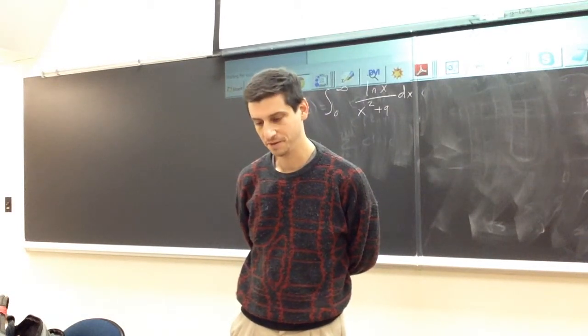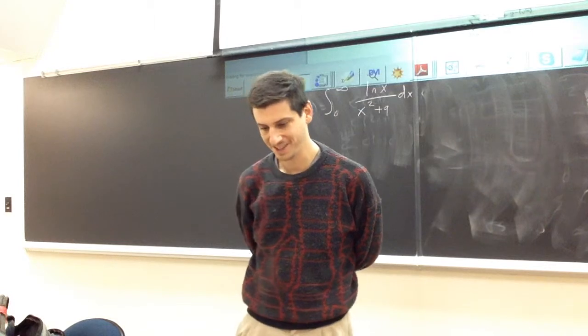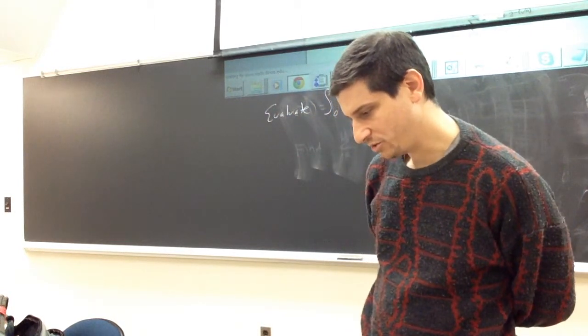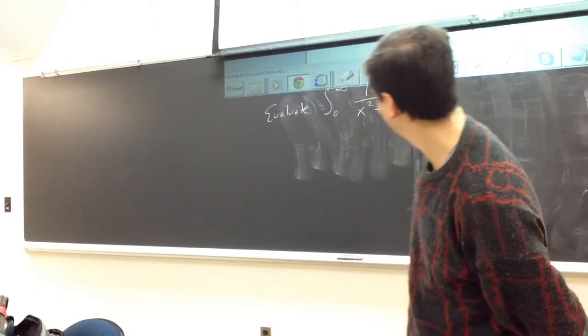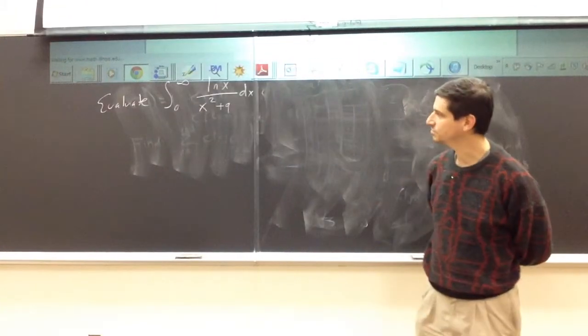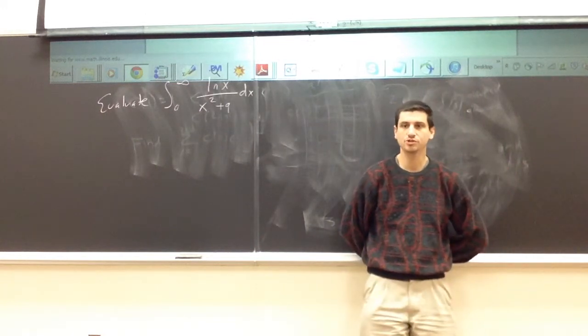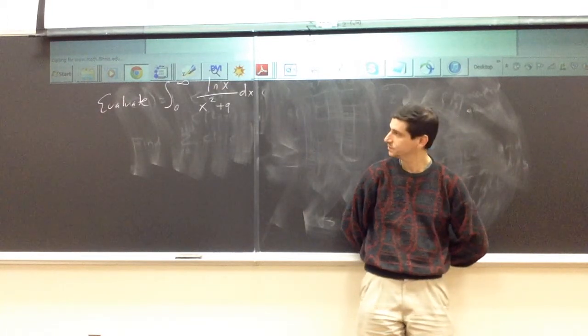Yes? One, I have a thought on how to approach, but 2, I'm not quite sure. So we want to evaluate this integral. We want to try to find good ways of attacking things.